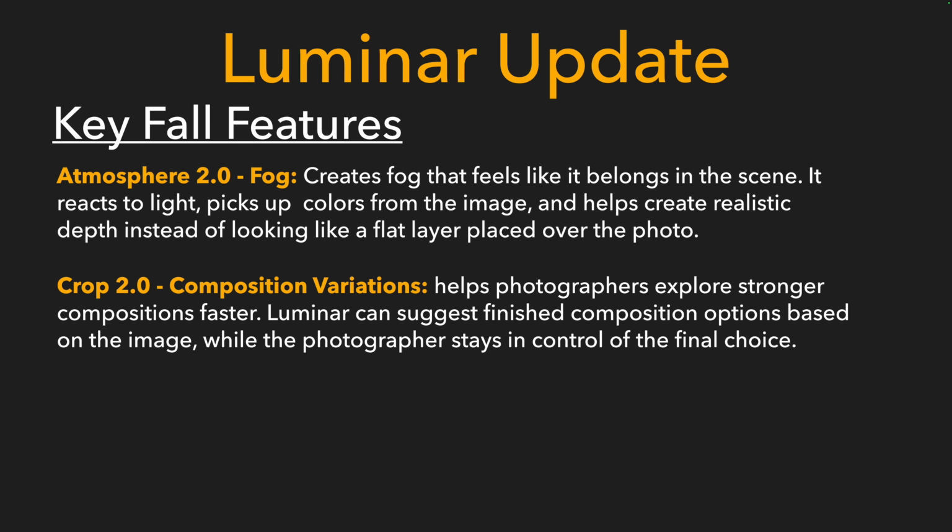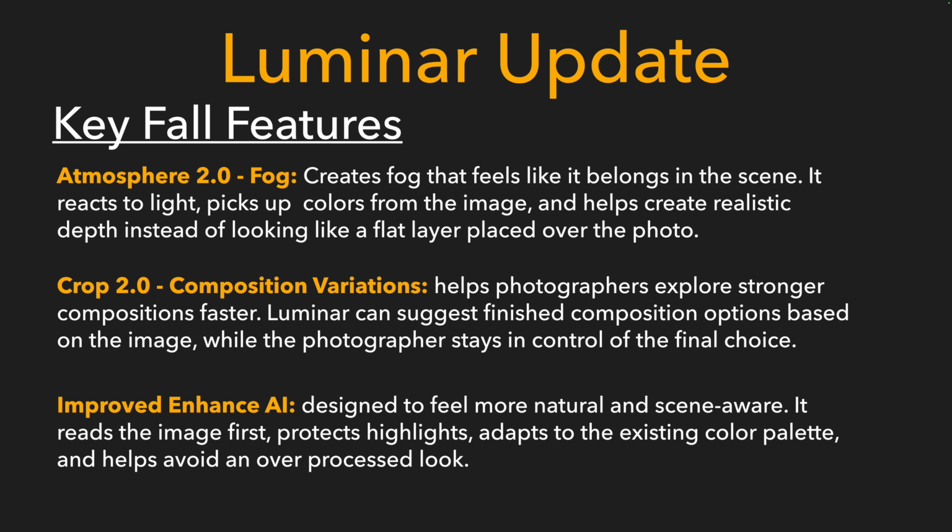Luminar can suggest finished composition options based on the image, while the photographer stays in control of the final choice. And improved enhance AI is designed to feel more natural and scene aware. It reads the image first, protects highlights, adapts to the existing color palette, and helps avoid an over processed look.